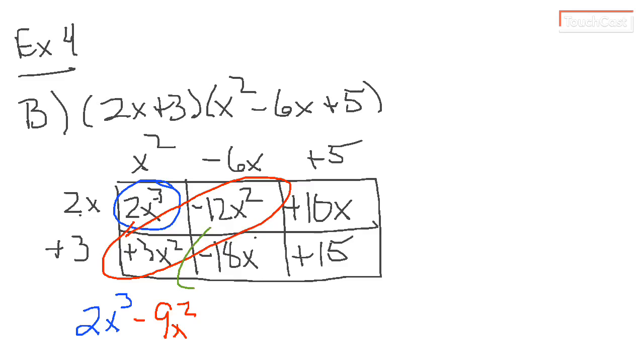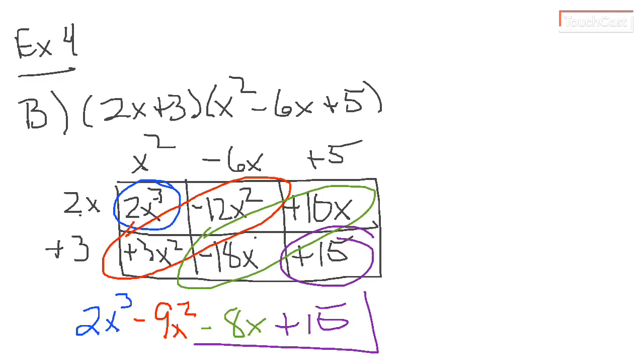And then we're going to look at the terms we have with x's. We've got a plus 10x and a minus 18x. So that's going to make a minus 8x. And then lastly, we have this plus 15. So our answer is going to be 2x cubed minus 9x squared minus 8x plus 15.